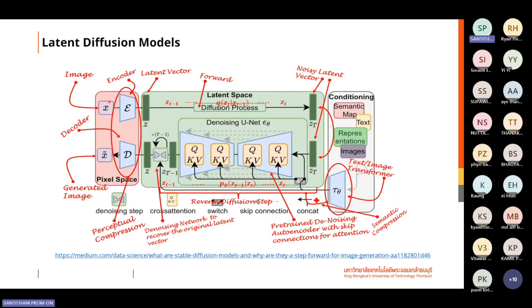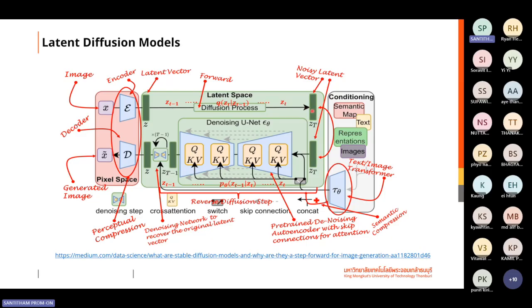The image has to be encoded to C. Instead of adding the noise directly, it is encoded first to the latent vector. Then the latent vector is added with noise, just the same thing that we did earlier, and then we train the noise prediction part, just like the earlier one, so that you get the noisy vector and use it to train the model.